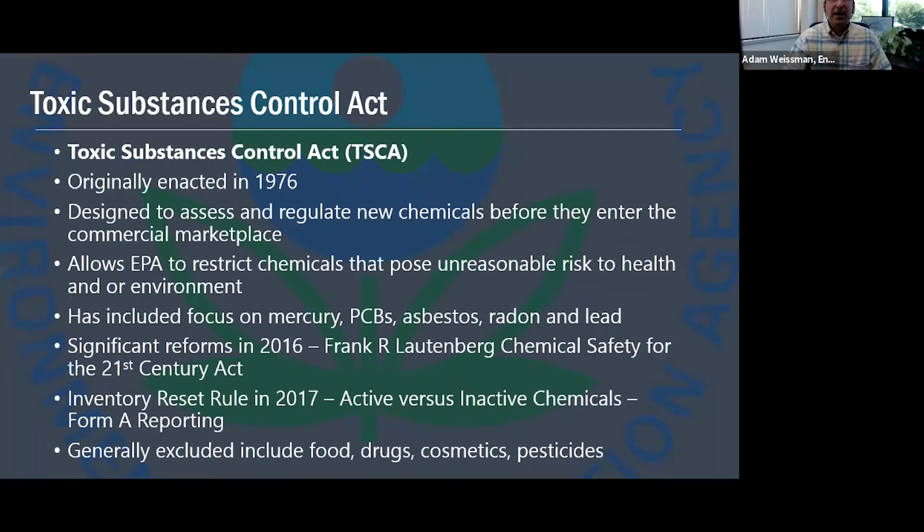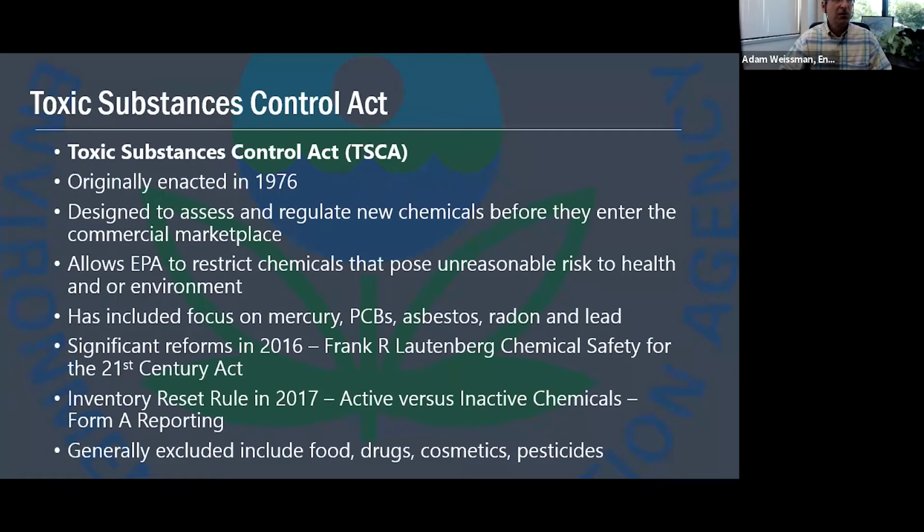So a little background, and of course, this is appropriate with this subject matter. The Toxic Substances Control Act goes back to the 1970s, primarily designed to regulate chemicals, both while in and ideally even before they enter the commercial marketplace.